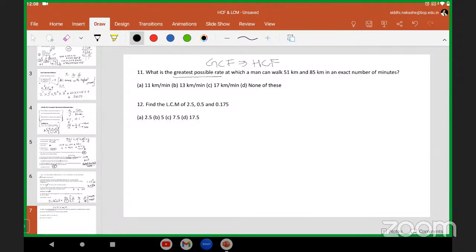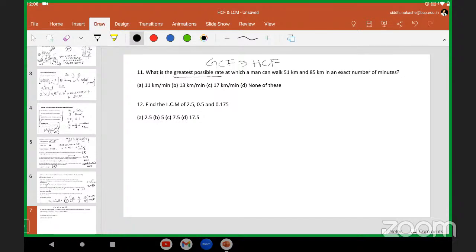So in the greatest in exact number of times, मतलब एक ऐसा पर्टिकुलर टाइम चाहिए हम लोग को, we need exact minutes in which he can cover 51 and 85, which means it has to be a multiple, so the number which can divide both 51 and 85.